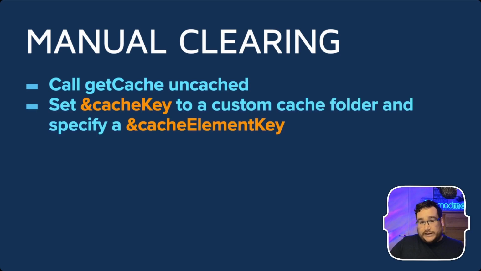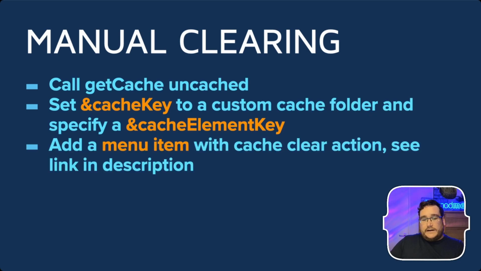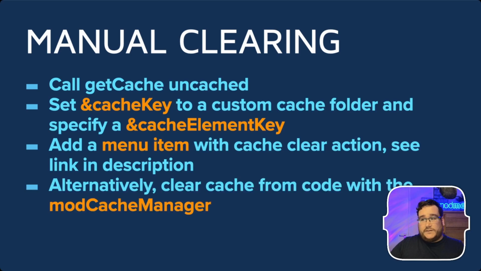Again, with a custom cache key and a custom cache element key that matches what we're trying to do. And then we need to either add a menu item with some specific code linked below in the description, which will clear the cache for us, or alternatively, we can write some code, perhaps in a webhook handler or something that knows when to clear the cache, which will clear the cache through the modcache manager in MODX.